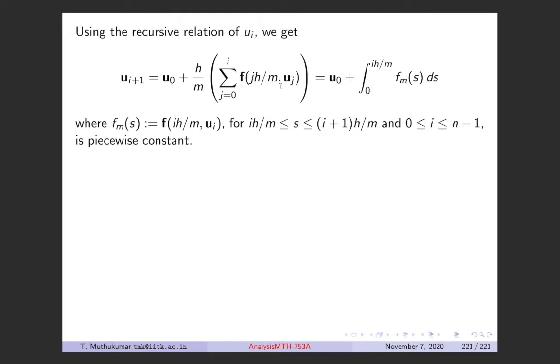Now what I do here, I can write this as u_0 plus the integral from 0 to i h over m of f_m. What is f_m? These are all just sums of some numbers, whereas these are the endpoints of that interval. So what we are doing is, to the right of an endpoint up to the next partitioning point, we just extend this function as a constant function. You understand what I'm saying?